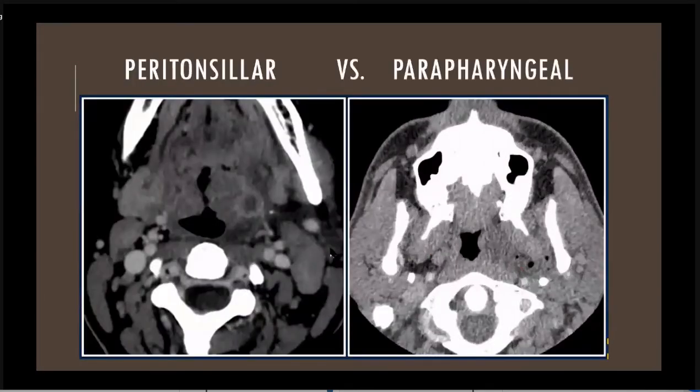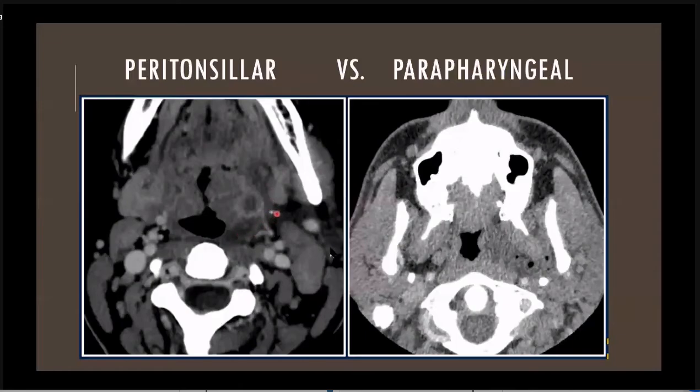It can be quite confusing, so here we can see a comparison between the peritonsillar abscess and parapharyngeal infection or abscess. In this example here, you can see there is a rim-enhancing peritonsillar abscess next to the palatine tonsil. It is bounded laterally by the pharyngeal constrictor muscle.